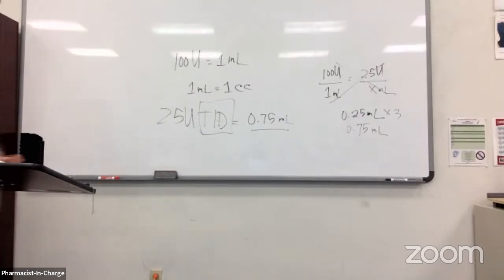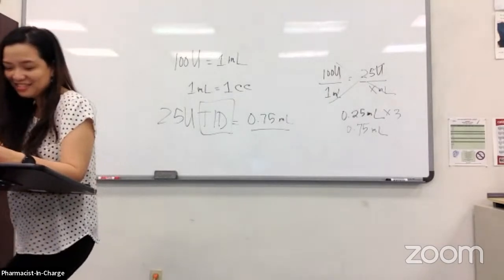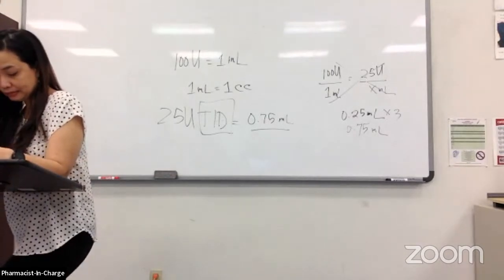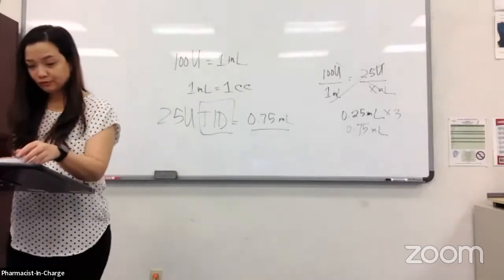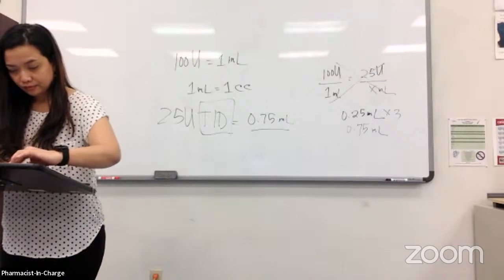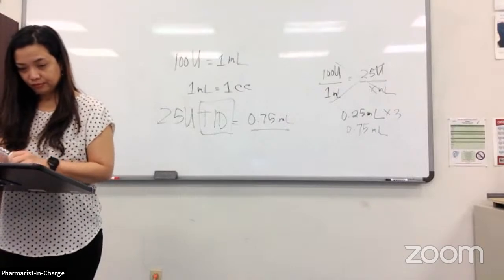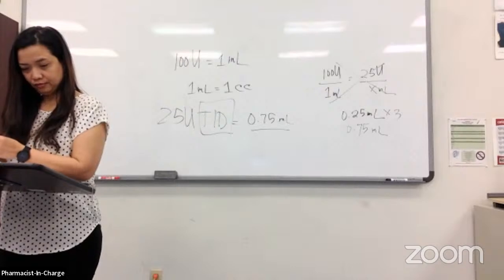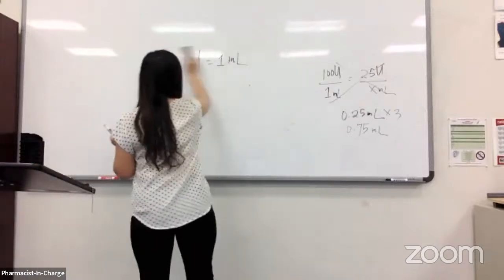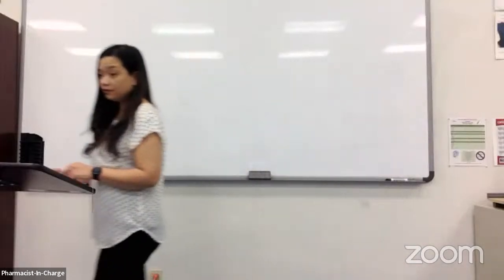Let's do one more. Even if you're not given, it's going to be 100 units per ml, even if it's not stated in the problem.